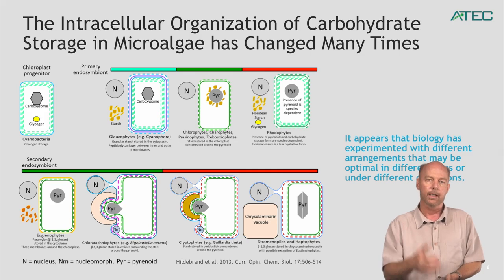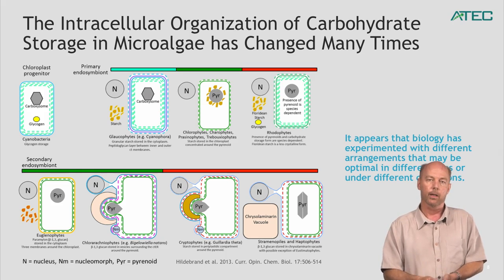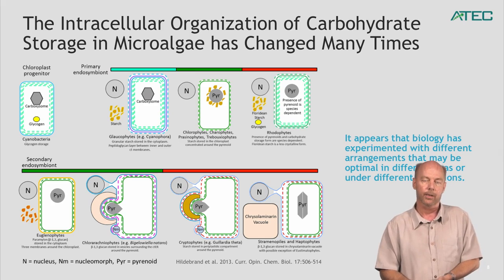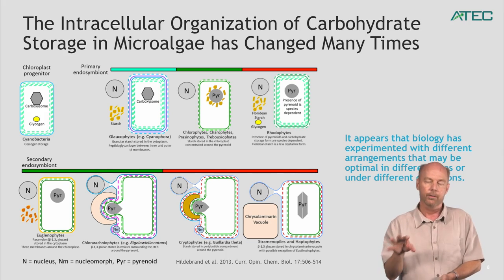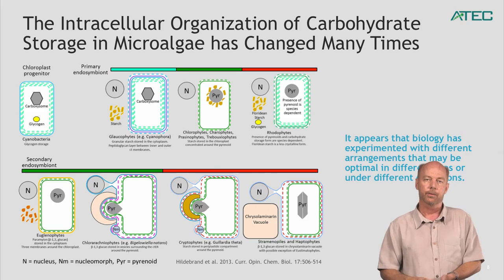They store, again, a beta-1,3-glucan in a structure outside of the chloroplast surrounding something called the pyrenoid. When we look at the red algal secondary symbionts, the cryptophytes store starch. So they decided to use starch in this case in a somewhat similar location. And then we talked about the diatoms and chrysolaminarin. So over evolutionary history, these different classes experimented, if you will, with storing the carbon in different forms and in different locations. And we think this affects their overall productivity.